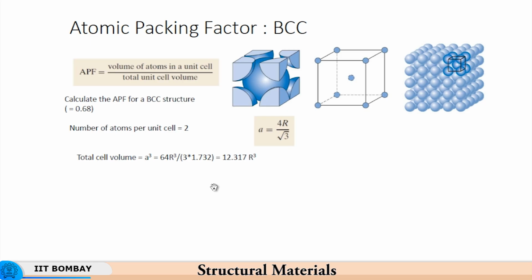So, this is one end of the diagonal, and this is the other end of the diagonal. So, now you have this. So, this diagonal is the face diagonal. Okay. So, this is root 2 times a, right.